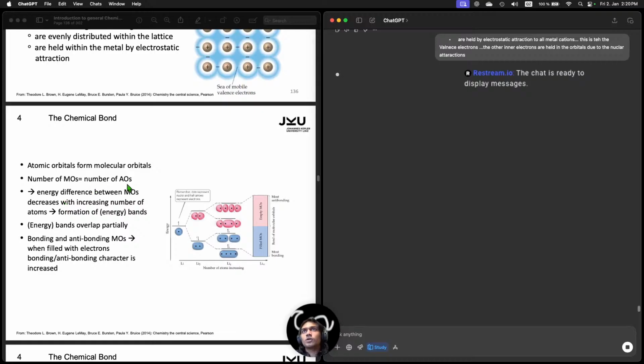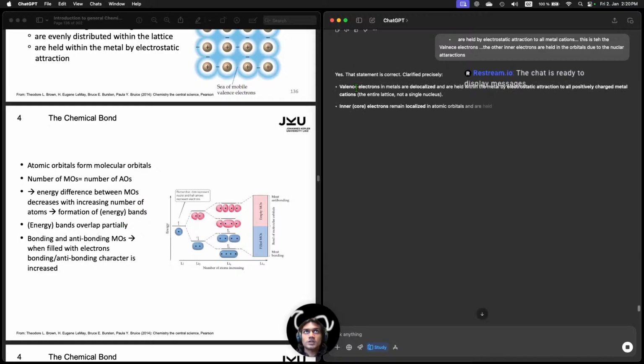Number of molecular orbitals equals number of atomic orbitals. Energy difference between molecular orbitals decreases with increasing number. Yes, that statement is correct.